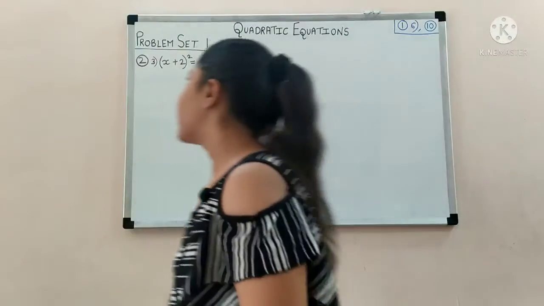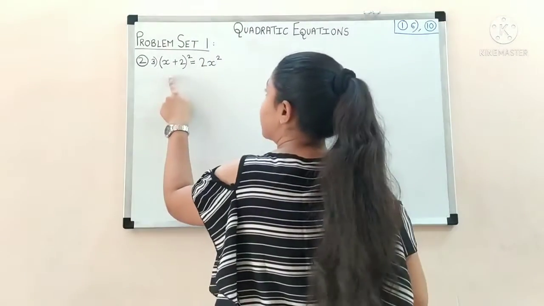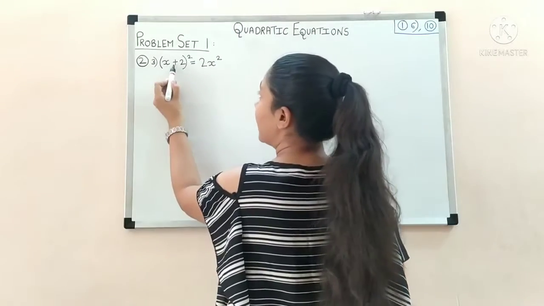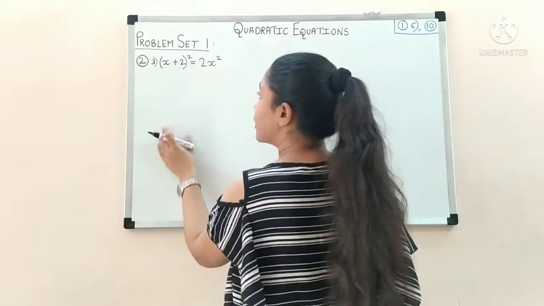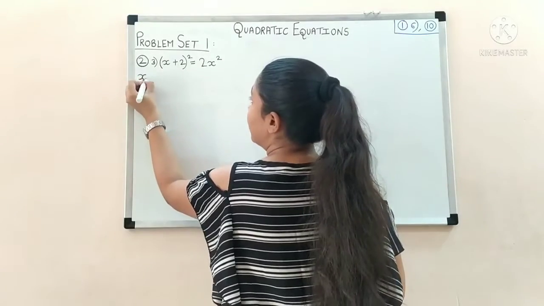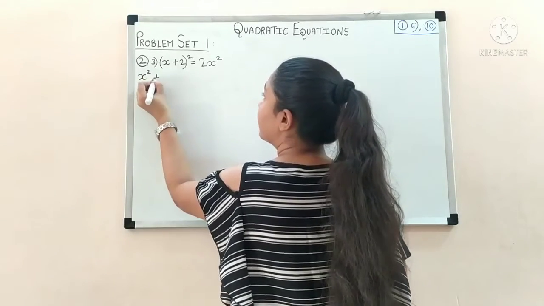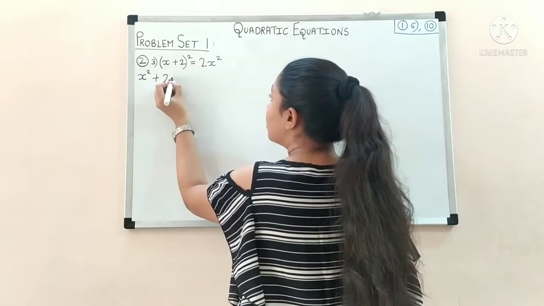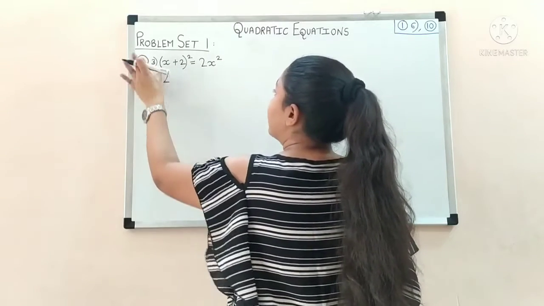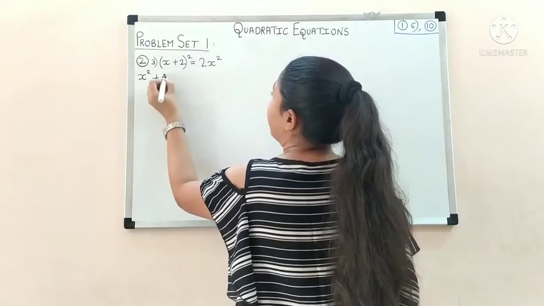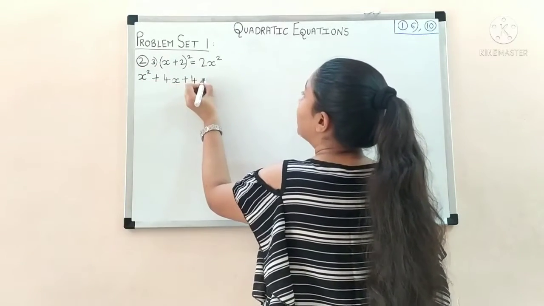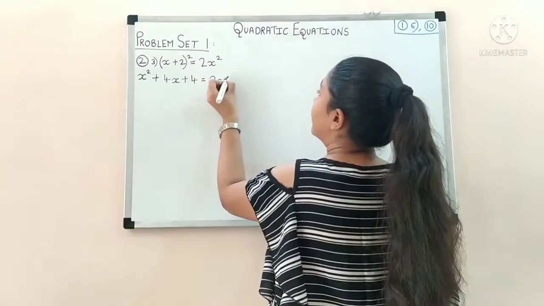So now see here. The question is (x plus 2) the whole square is equal to 2x square. Now this is in the form of (a plus b) the whole square, so first we'll simplify it. It will be a square, which is x square, plus 2ab, correct? So it will be plus 2 into 2x, you can directly write it 4x, plus 2 square which will be 4, which is equal to 2x square.